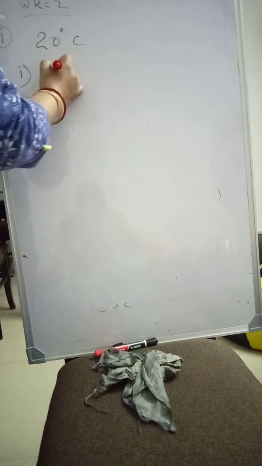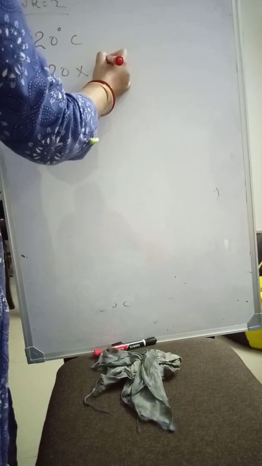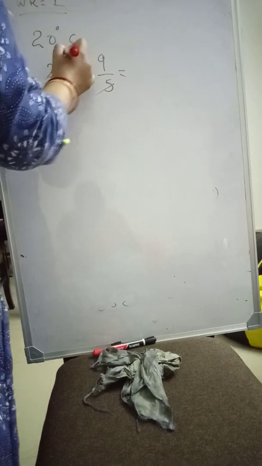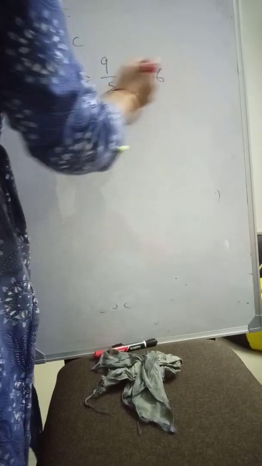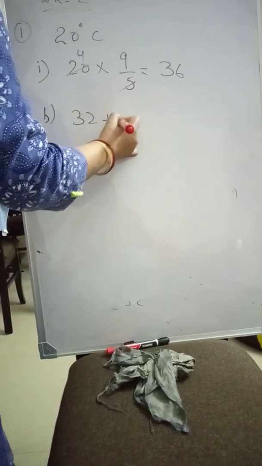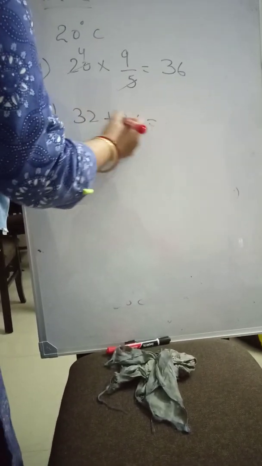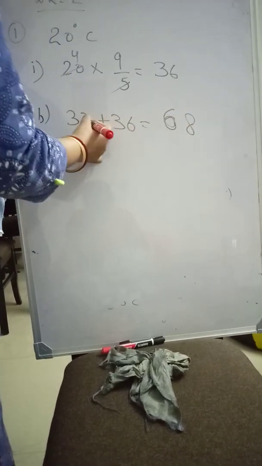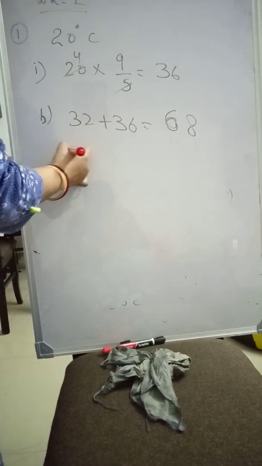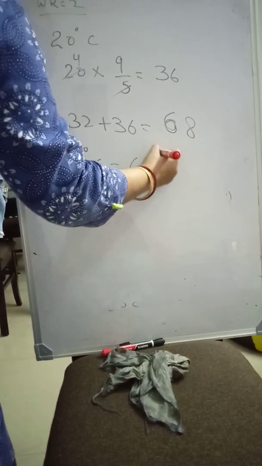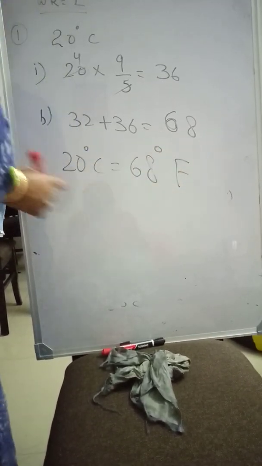First step, multiply 20 with 9 by 5. 5 4s are 20, 9 4s are 36. Second step, add 32 with 36. 6 plus 2, 8, 3 plus 3, 6. So 20 degree centigrade is equal to 68 degree Fahrenheit.